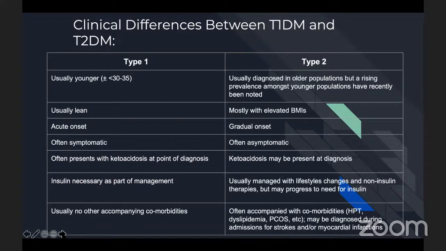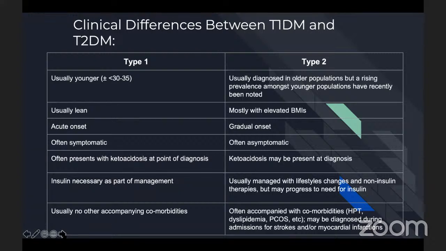Furthermore, the type 1 patients are usually lean, whereas the type 2 patients have a much elevated BMI.